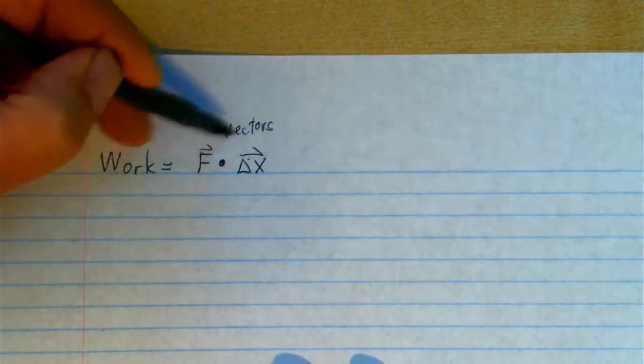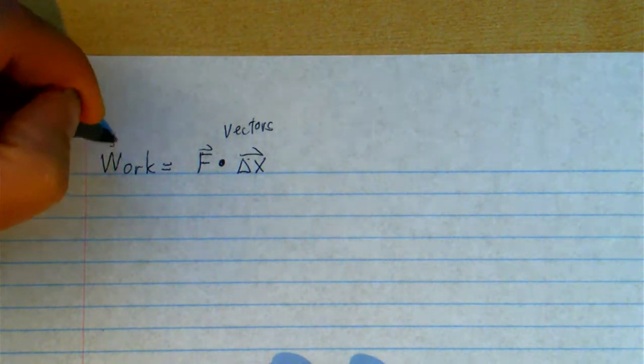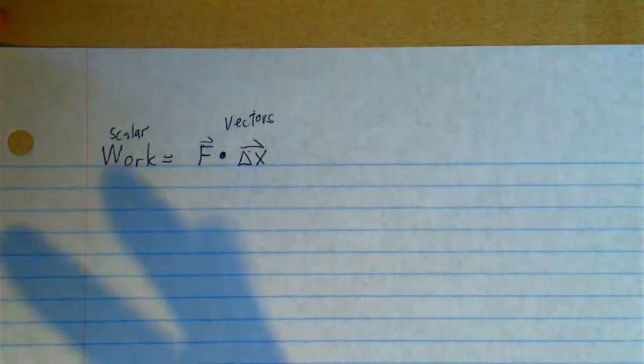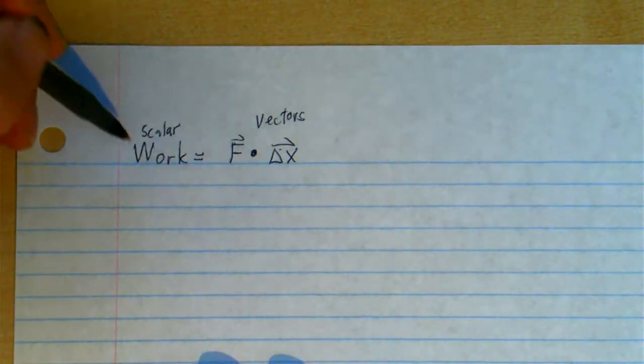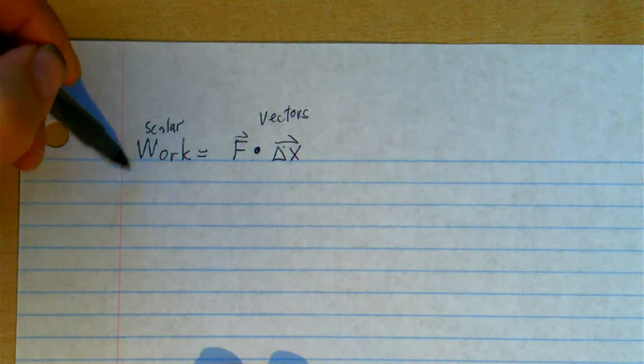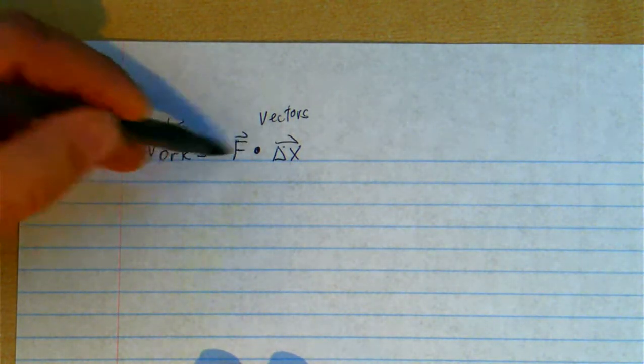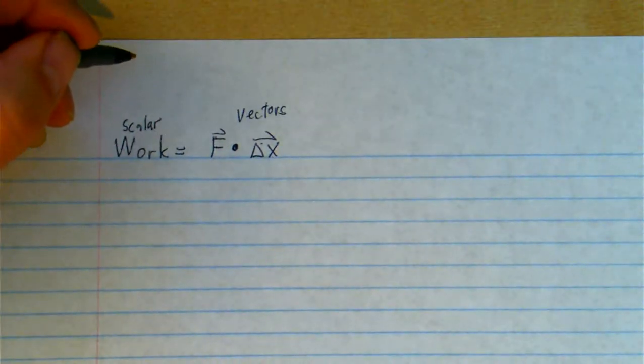Wow, the dot product of force and displacement. Force and displacement are vectors. That means they have a magnitude and they have a direction. Work is a scalar quantity, and it just represents the magnitude of, in this case, energy, which is work. Work and energy are the same thing.